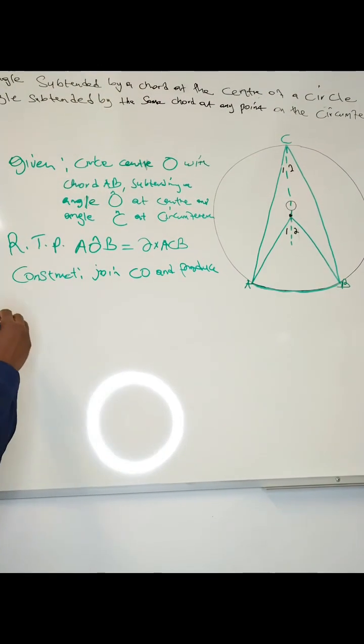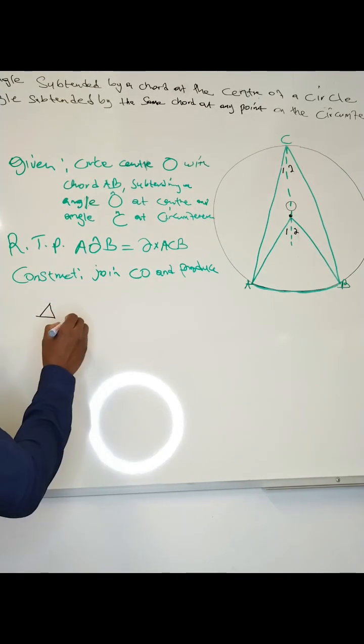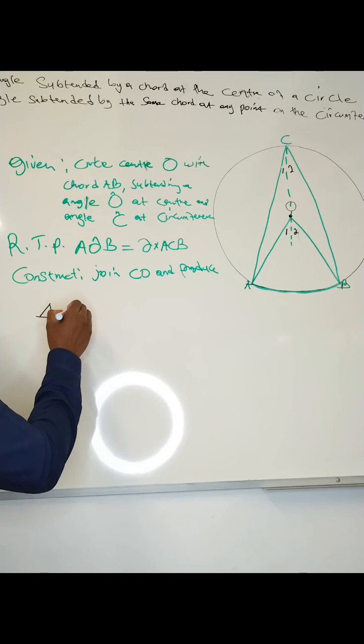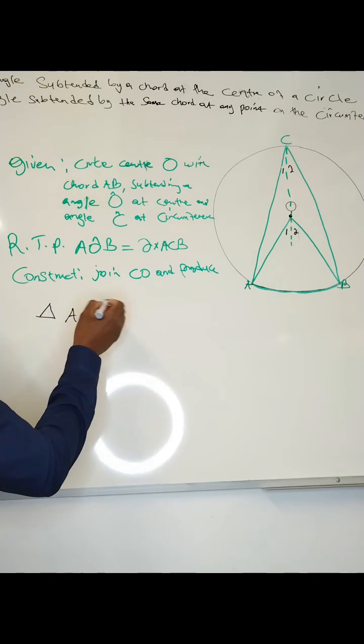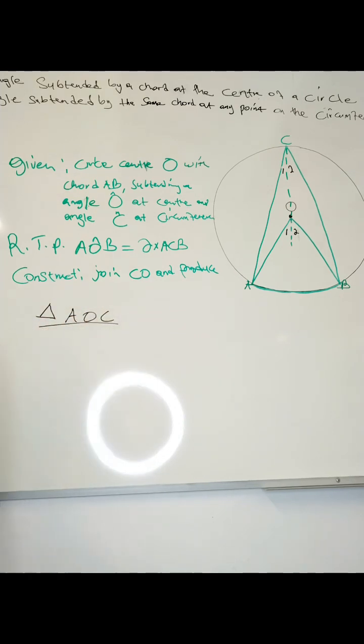We are going to take triangle AOC. So in triangle AOC, we need to find statements and reasons.